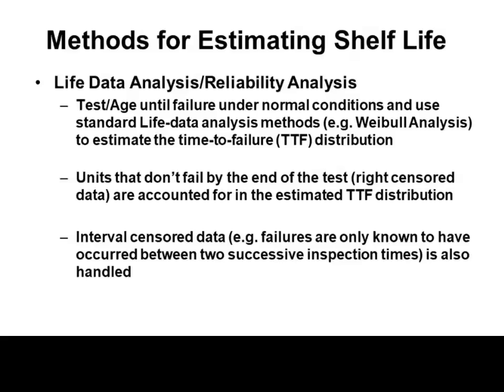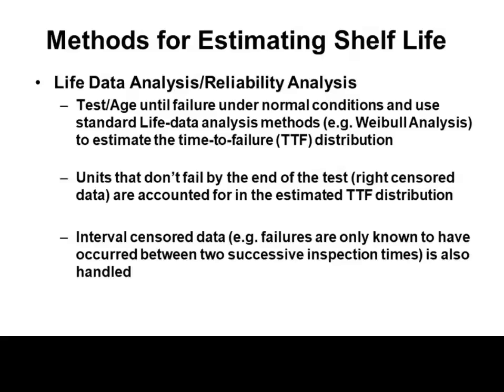So with that said, let me run through this. Under this approach, we're going to test or age our units under normal conditions. This methodology is very standard for reliability engineers to estimate the reliability of a product. The only difference is their products are in use, getting cycles or loads or whatever, and we're trying to estimate when they're going to fail, like wear out, for instance.